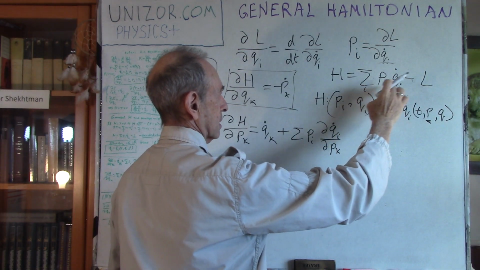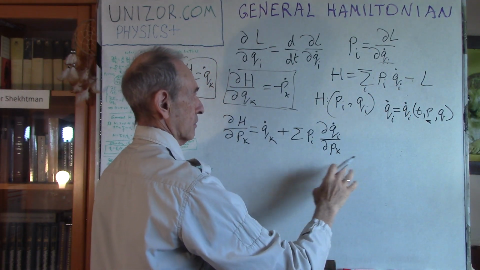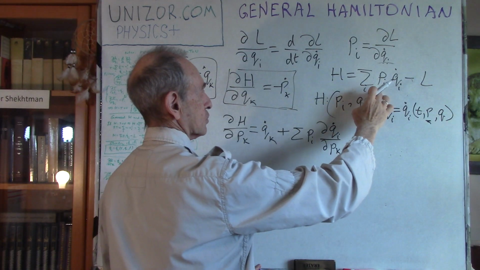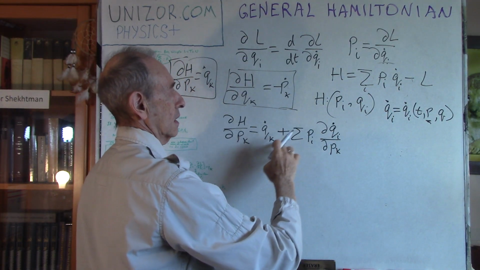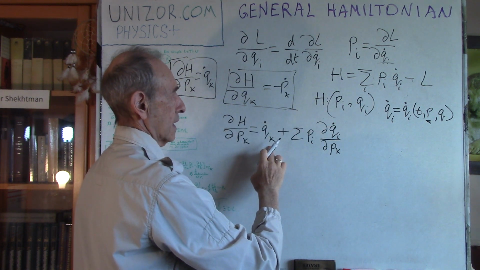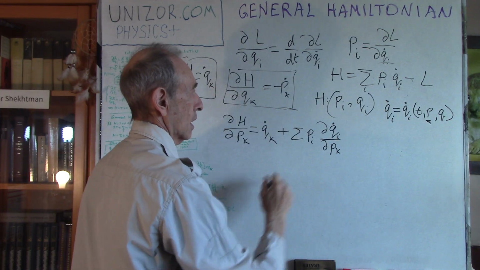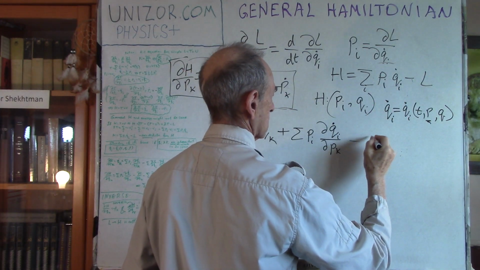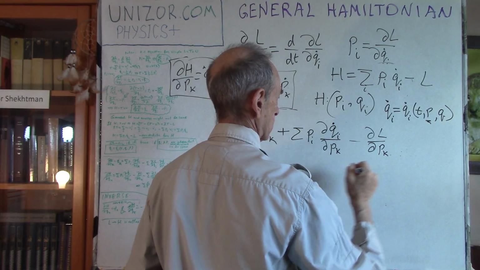So it's this times the partial derivative of this everywhere. But whenever I'm doing the partial derivative of this times this, it's only one, because everything else, where i is not equal to k, zeroes out. And minus dL by dpk.